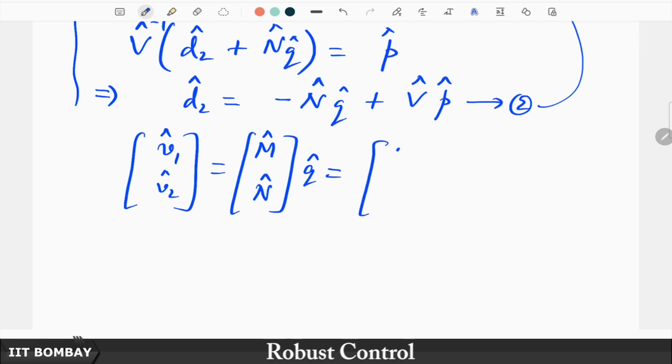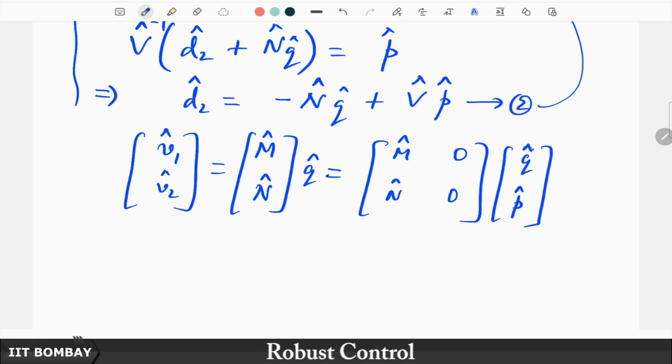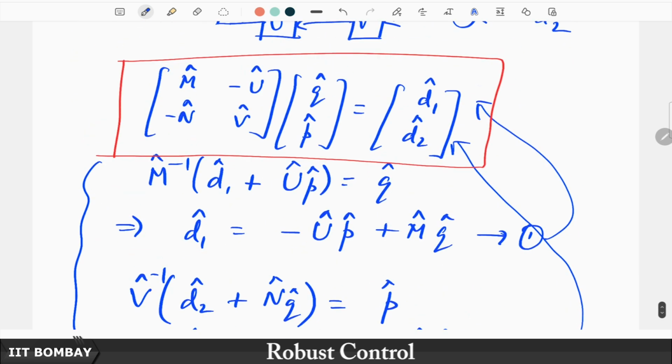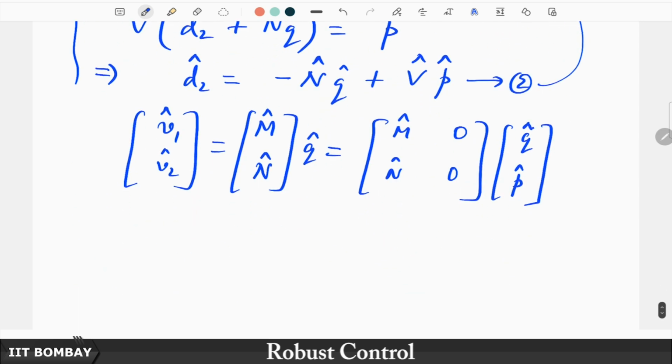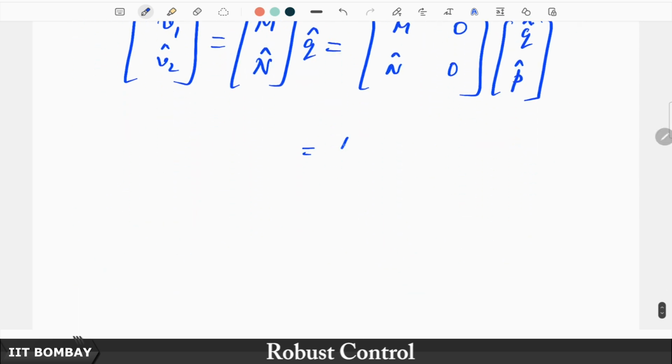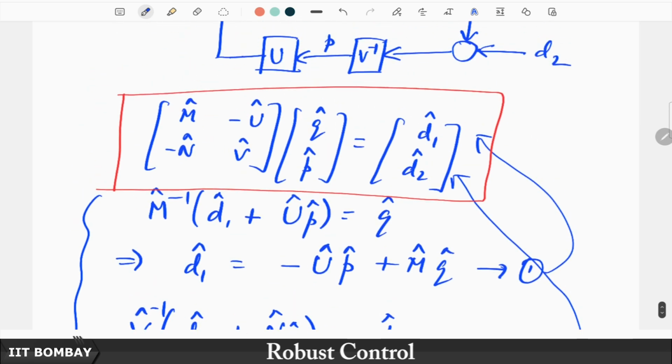So, that I can write in a padded fashion now. Notice that I can write this as m hat, n hat, 0, 0, and I can pad this with, let us say, q hat and p hat. I am just padding it with this so that I am keeping the coefficient 0 so that no contribution of p hat comes. But now from this relation what do we get? We get the fact that this is m hat, n hat, 0, 0 times what is q hat and p hat?